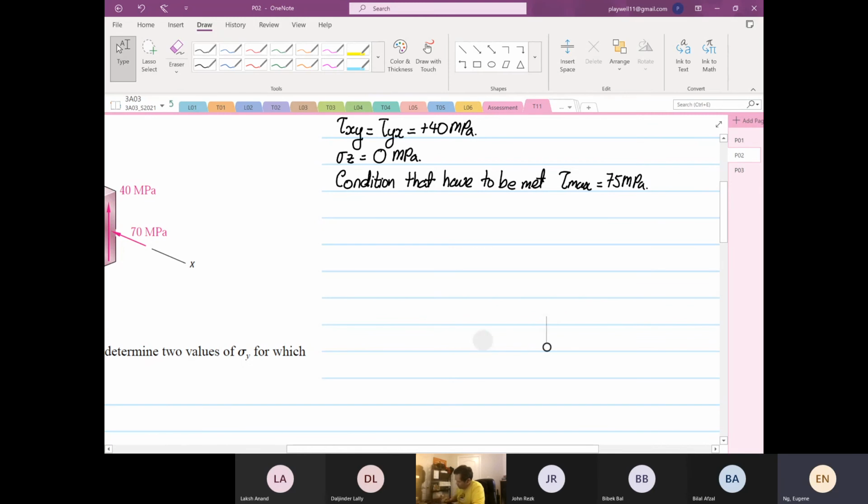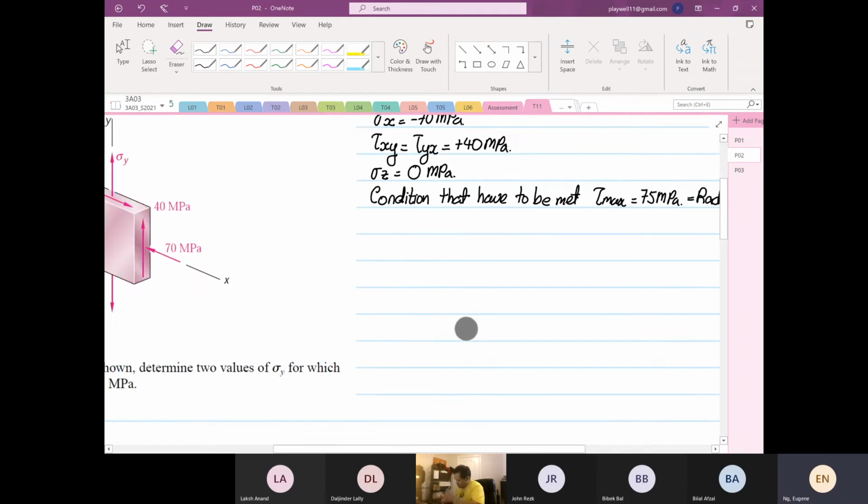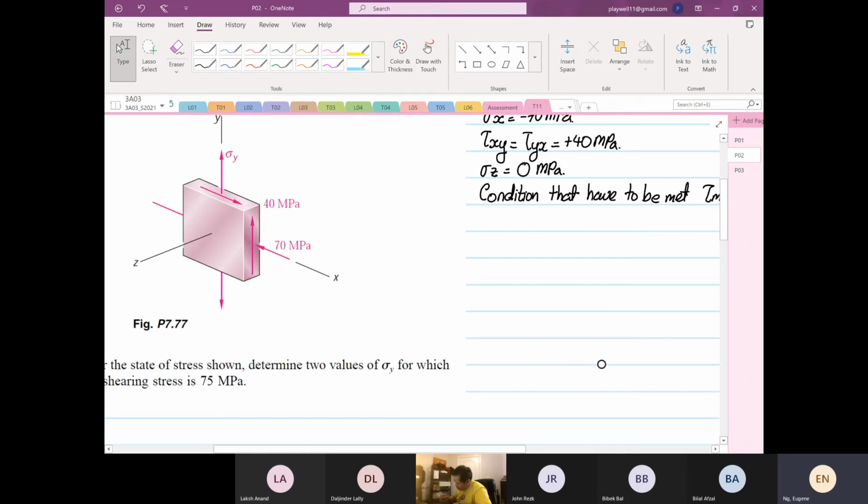So theoretically, when they say tau max is equal to 75, we have to make sure that the radius of the circle is 75 megapascal. So we start from here, and I'm going to call this my point X, my point Y, and this is our point Z.